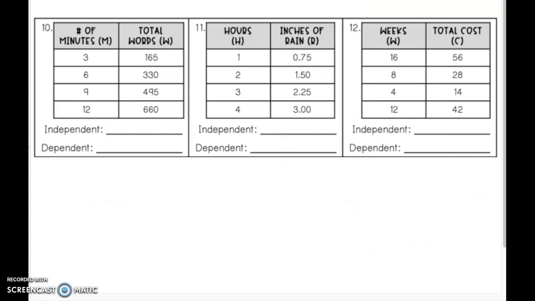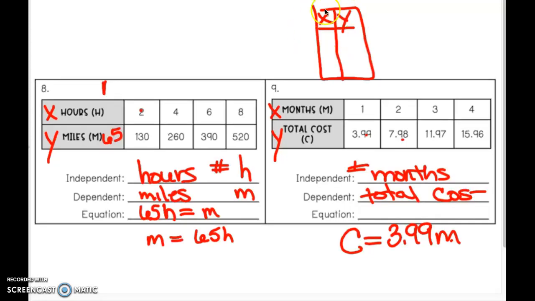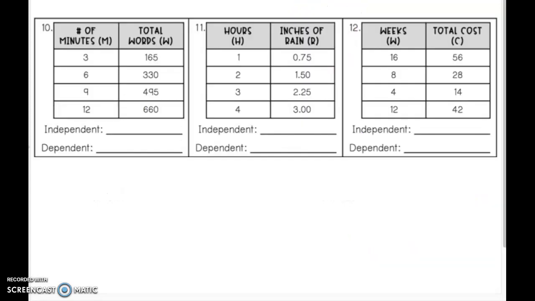Here we go. So now, just like we said on the other one, x and y, x comes first. This is x, y, x, y, x, y. So I'm going to label those so you remember which one's the independent. You also can tell time, time, time, each one of them. Independent variable is, in this case, we're looking for the quantities.